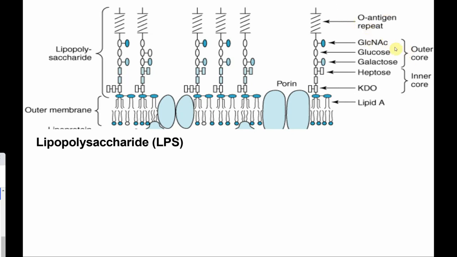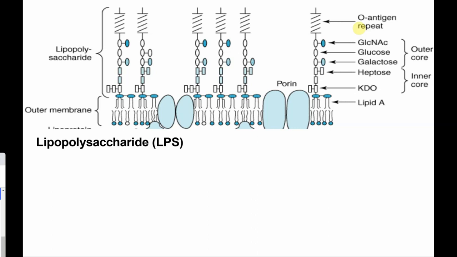So whatever it is, the outer or the inner core, it's composed of about 10 sugar molecules. The O antigen repeats, each repeat is 3 to 8 sugar molecules, and you can have 10 to 40 repeats. Okay, so you've got these short subunits that are repeated in a big, long, linear molecule.